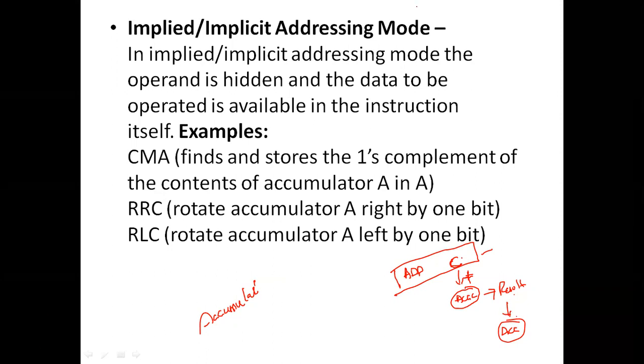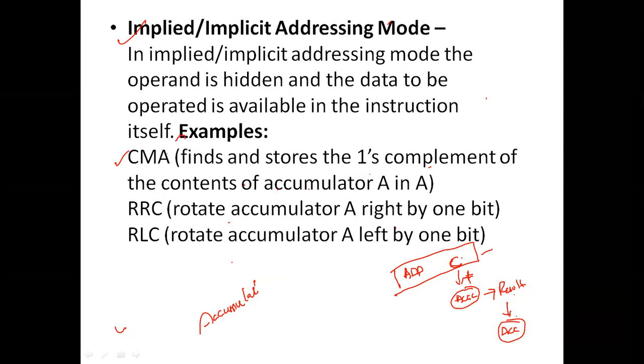So in implied or implicit addressing mode, the operand is hidden and the data to be operated is available in the instruction itself. Here, see CMA, which means complement accumulator. We are not specifying anything.